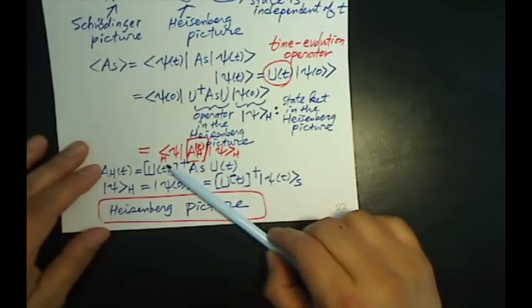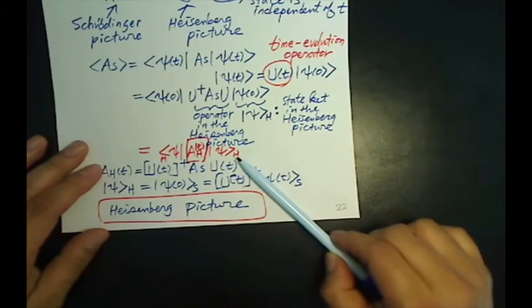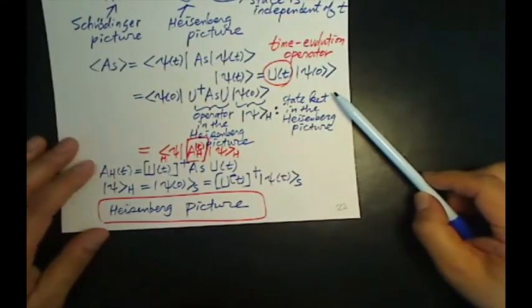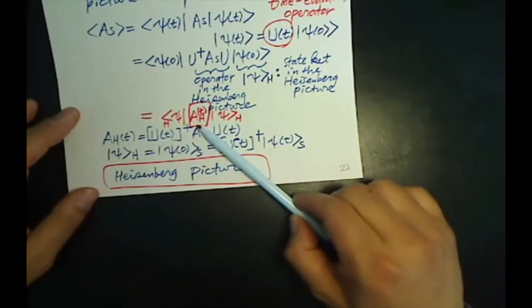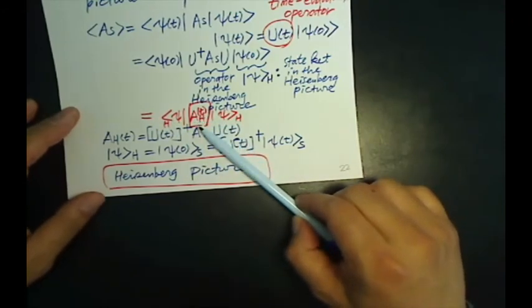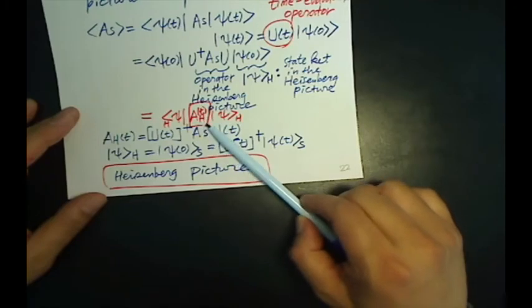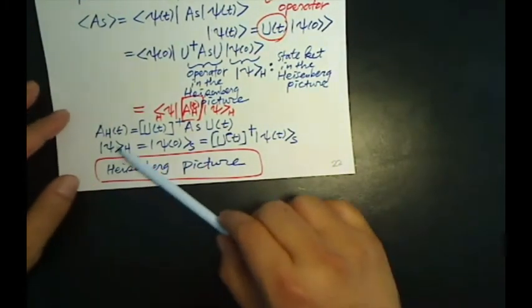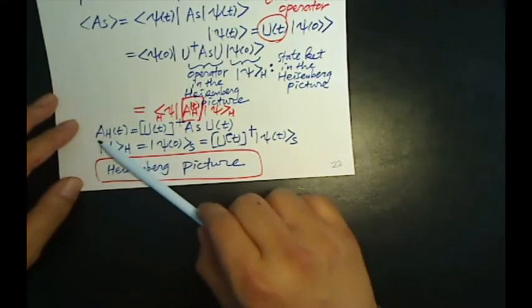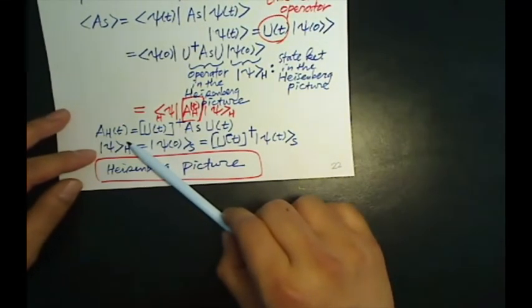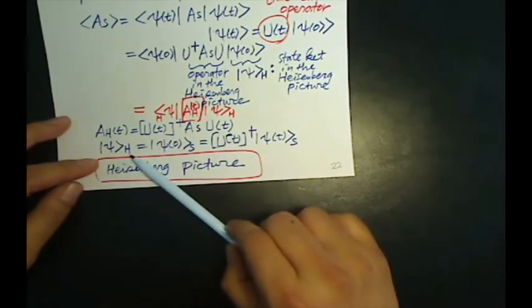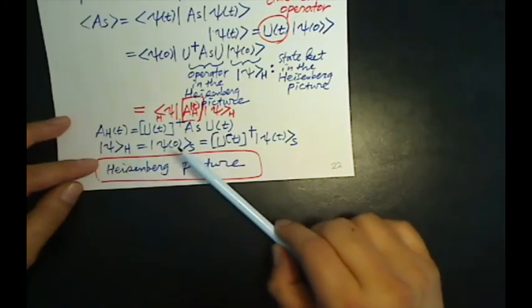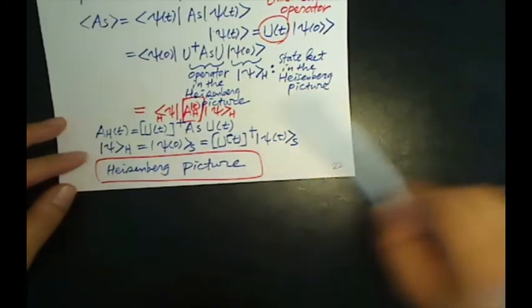So we put the subscript H to distinguish this approach from those in the Schrödinger picture. In the Heisenberg picture, psi is fixed, and this operator contains all time dependence. As a result, the Heisenberg picture operator is expressed in this way, and the Heisenberg picture state ket is expressed as the initial value in the Schrödinger picture.